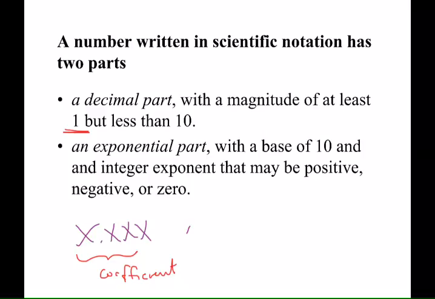And then we take it times 10. We literally write the words times 10 raised to a power. And that power could be, I'm going to throw a couple at you: what if it was 10 raised to the 5th power? Alternatively, it could be times 10 raised to the -3rd.